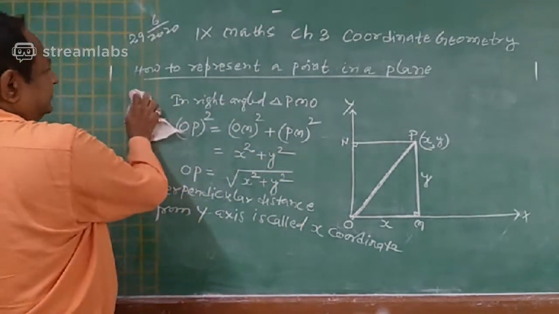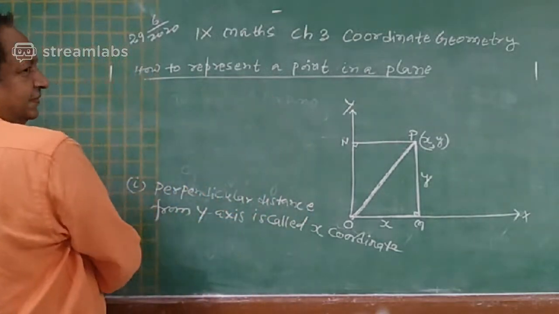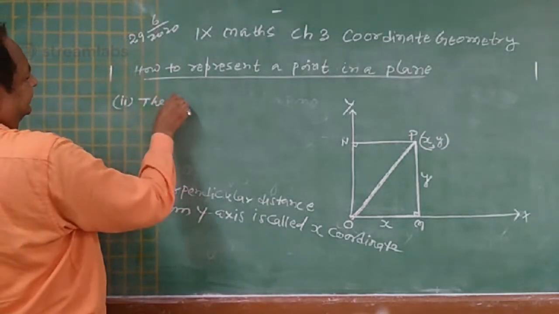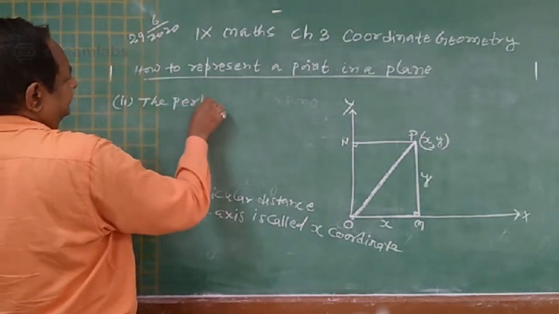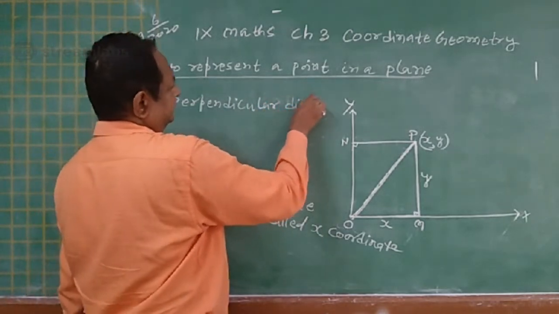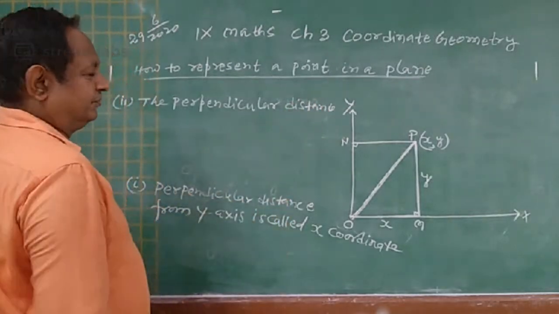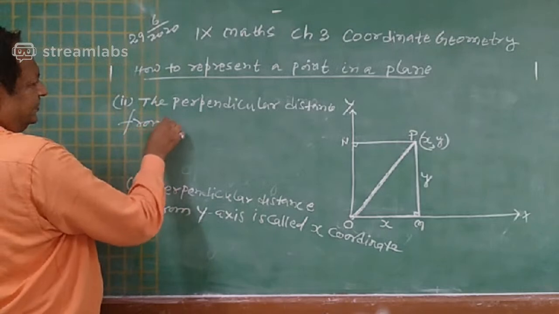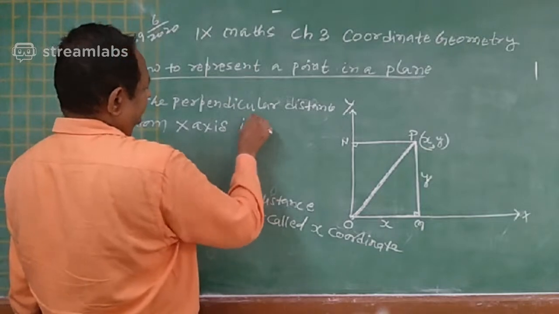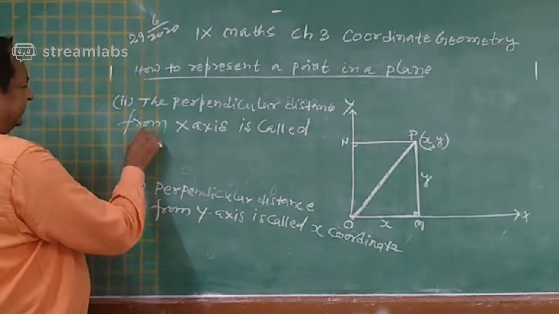Point number 2: the perpendicular distance from the x-axis is called the y coordinate.